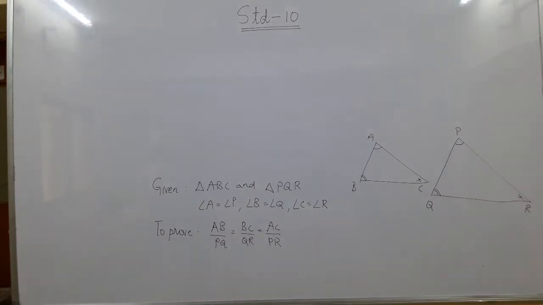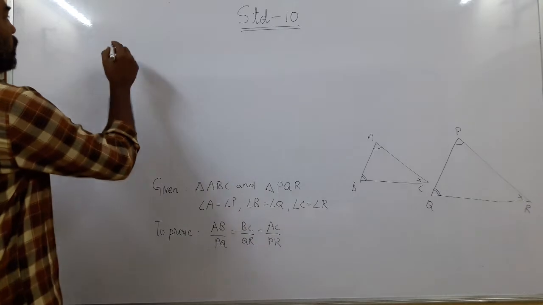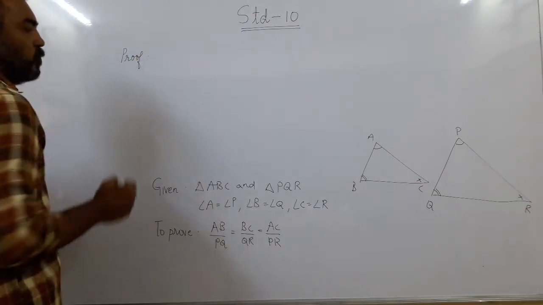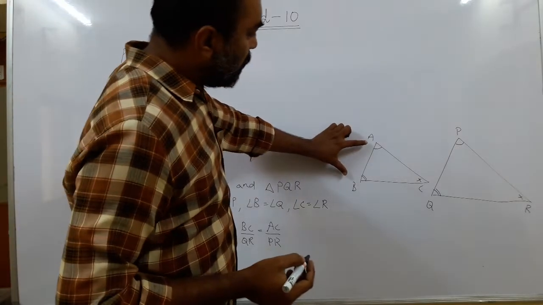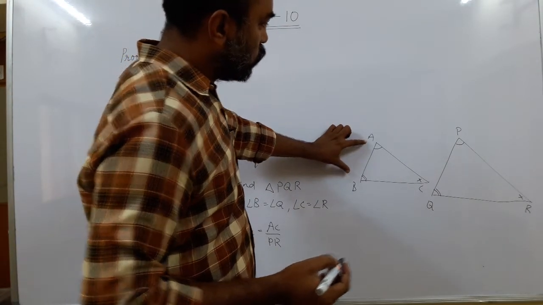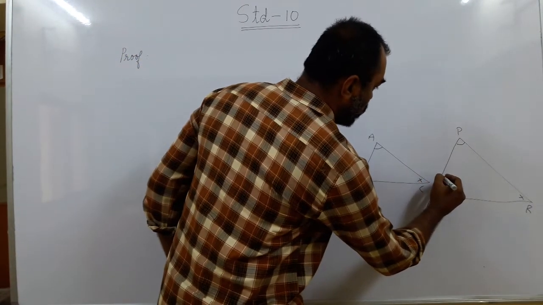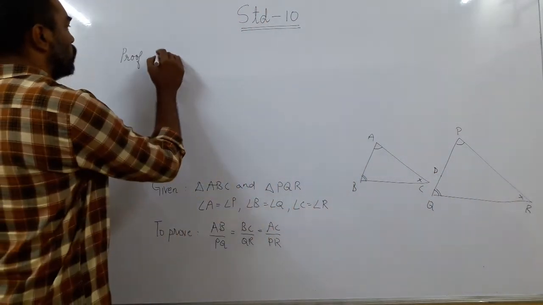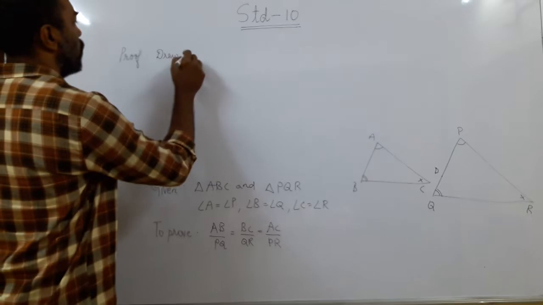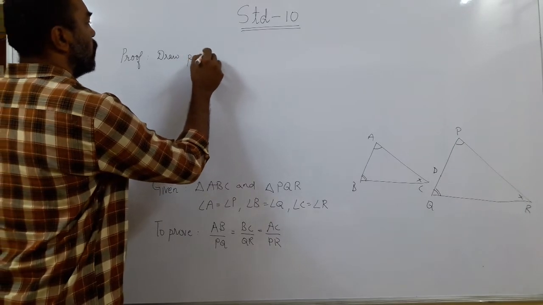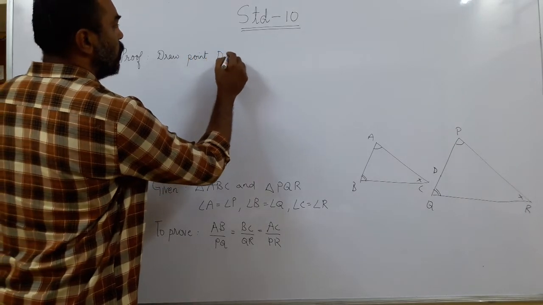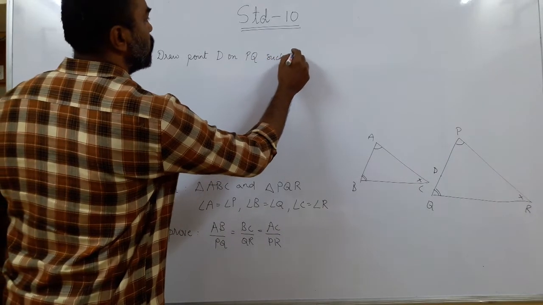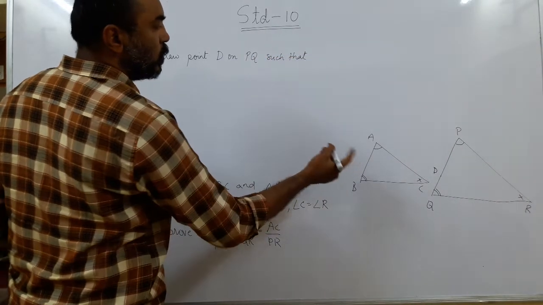Okay, so for the proof, what we have to do? Let us find the proof. For the proof, you know the measure of AB. So draw point D on PQ such that, I will draw.